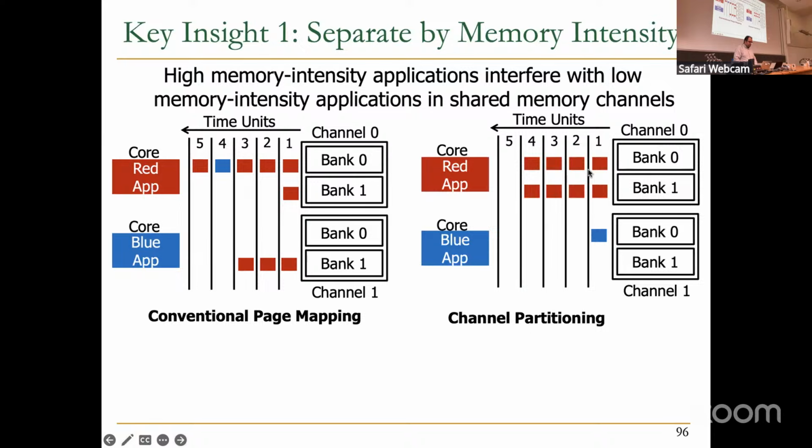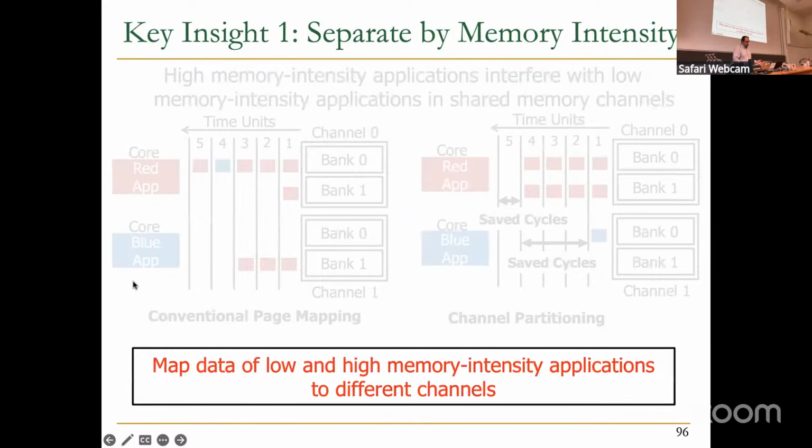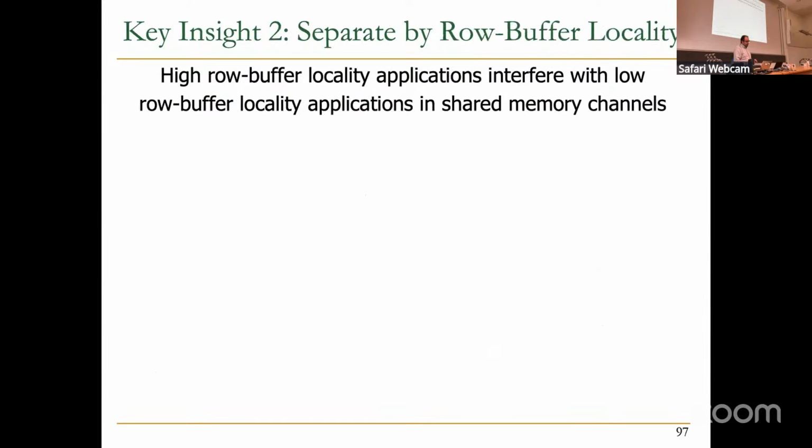By doing channel partitioning, you can map all the requests for the red application to channel 0 and the blue application to channel 1. That would save cycles a lot for the blue application. But in this example, you can also see that this even saves cycles for the red application as well. So mapping data of low and high memory intensity applications to different channels would be very useful.